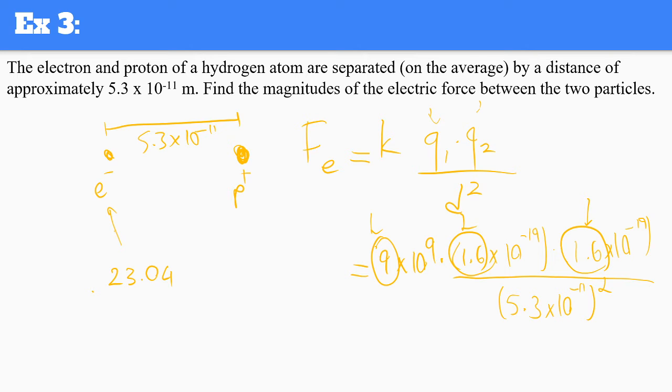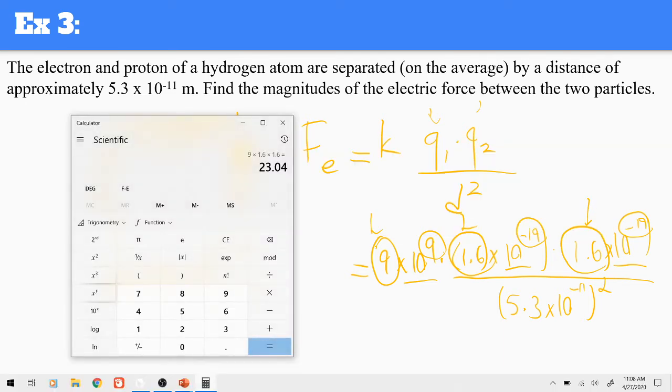Then what are we going to do? We are going to be adding the powers separately. So they all have the base of 10, and we have basically 3 different powers. Since they are in multiplication, we are just going to add the powers. So we will have 9, negative 19, negative 19. And then you divide with 5.3 square.